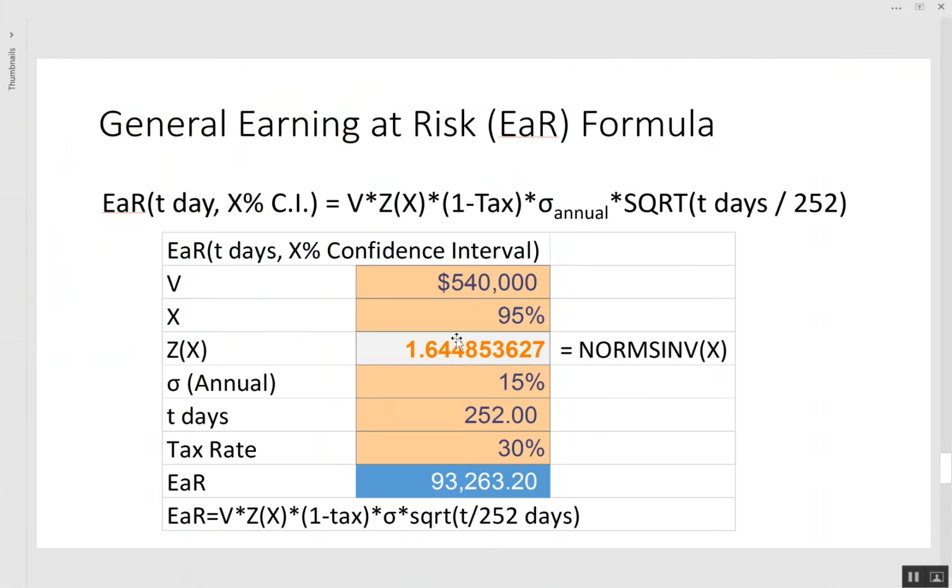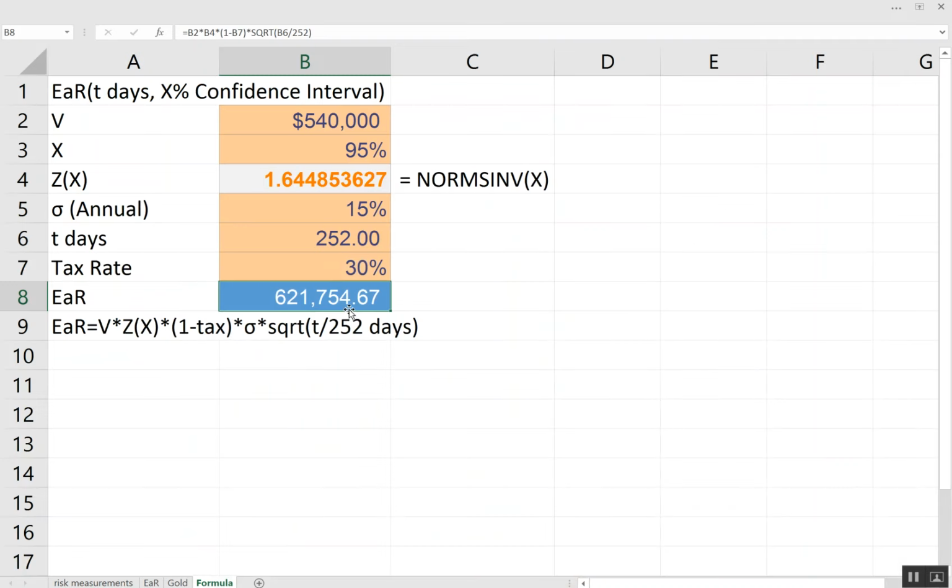Well, looks like I'm making a mistake. Let's try to figure this one out. Whoops, I forgot to multiply times my standard deviation. There it is. I missed that little sigma. So there we go. There's my 93,263. So 252 days is a year.